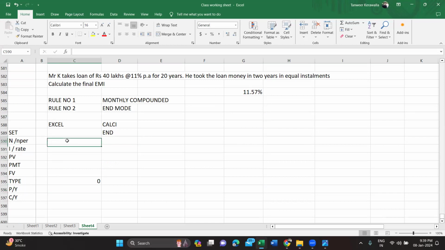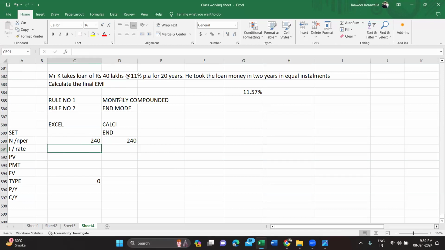What is the time period? It's 20 years. Now EMI means monthly installment, so you have to convert the number of years into months. 20 years into 12 months per year is 240 months, right?